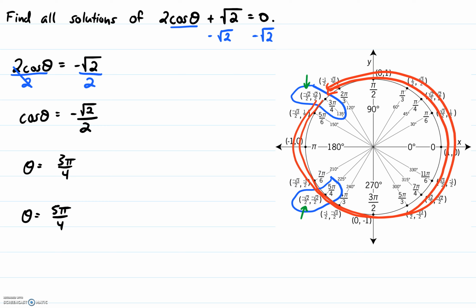We could do that for 3 pi over 4, and we could also do that for 5 pi over 4 over and over again. The idea here is that we can add or subtract 2 pi, which is a whole rotation around the unit circle. We'll get a coterminal angle that has the same x value, in other words, one that satisfies the equation we began with.